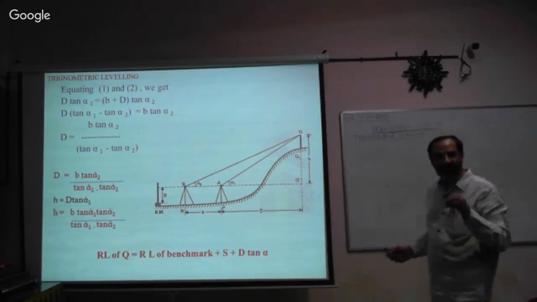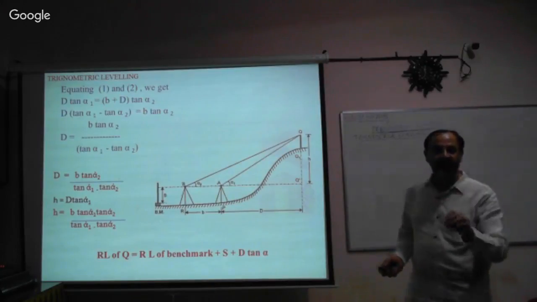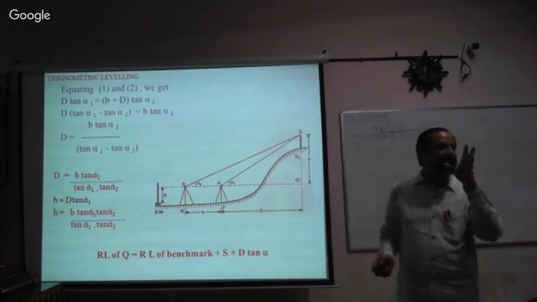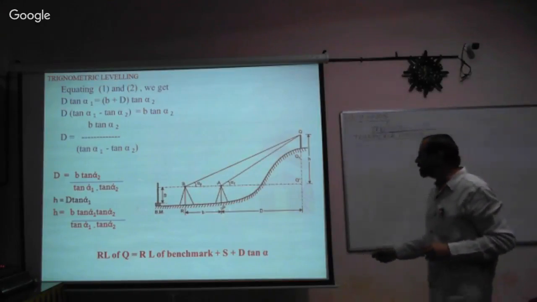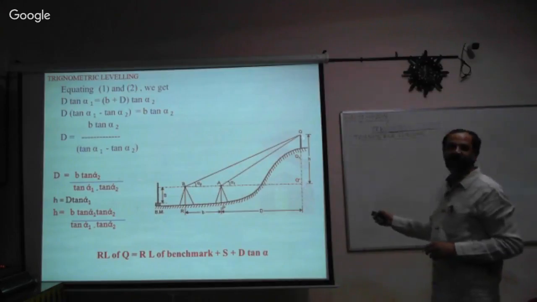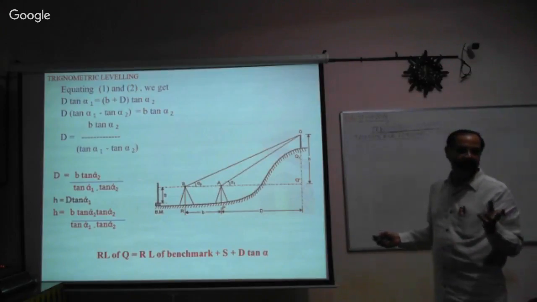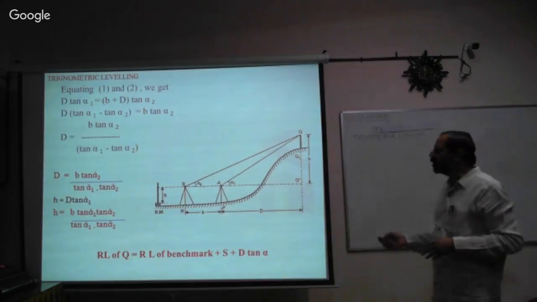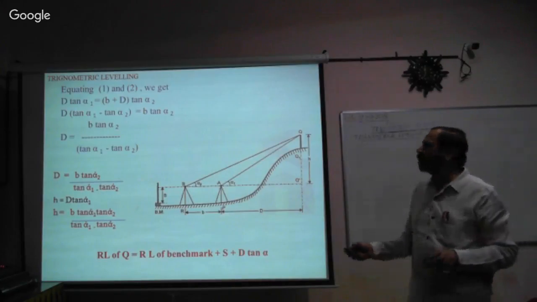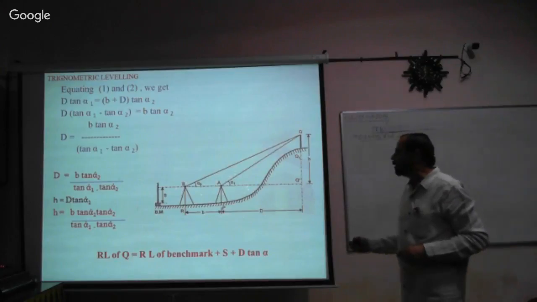Therefore, this is one methodology applied to calculate the distance and elevation. We have calculated the distance D, and the elevation is also calculated, isn't it? Now, practically, getting this situation is a little difficult.